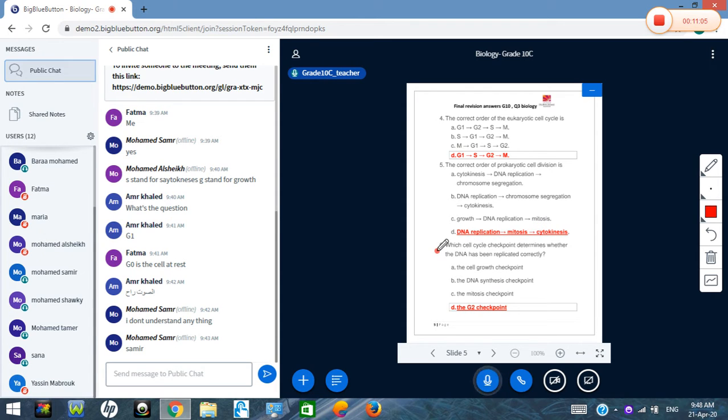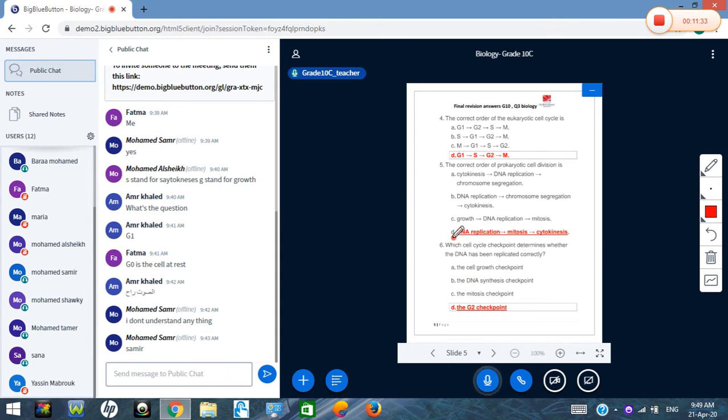Letter D: DNA replication, then mitosis, then cytokinesis. The question asks about the cell division, not the cell cycle. Cell division starts from S phase.